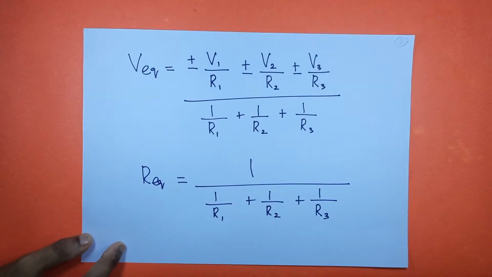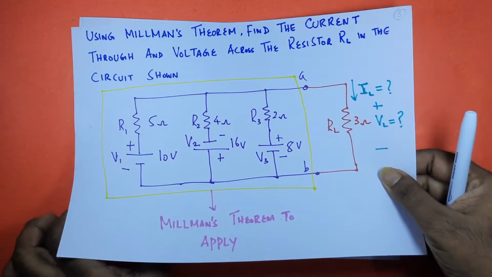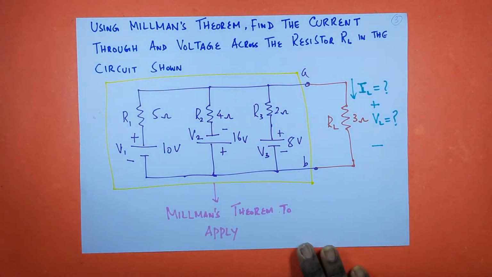V equivalent equal to plus or minus V1 by R1 plus or minus V2 by R2 plus or minus V3 by R3 etc. divided by 1 by R1 plus 1 by R2 plus 1 by R3, and R equivalent equal to 1 divided by 1 by R1, 1 by R2 plus 1 by R3, right? This is the Millman's theorem.